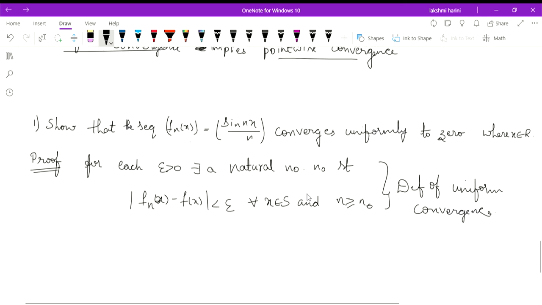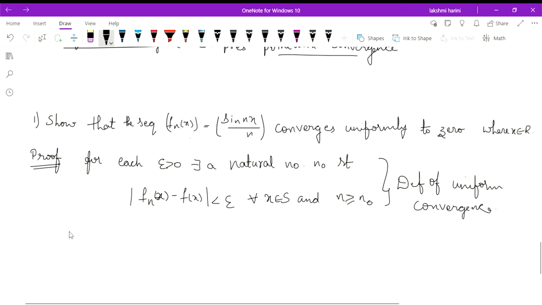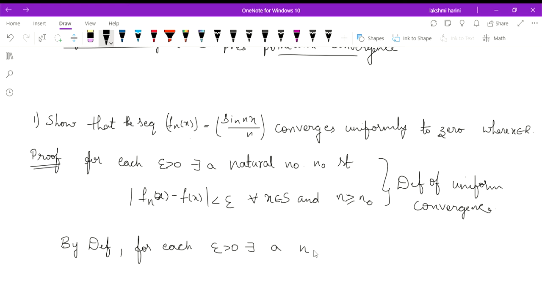we have to show this fn of x is convergent. Okay, so first we write, by definition, for each epsilon greater than 0 there exists a natural number n naught such that, what we have to consider here, mod fn of x minus f of x.